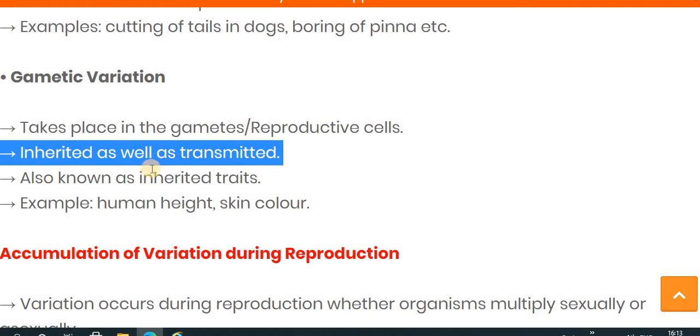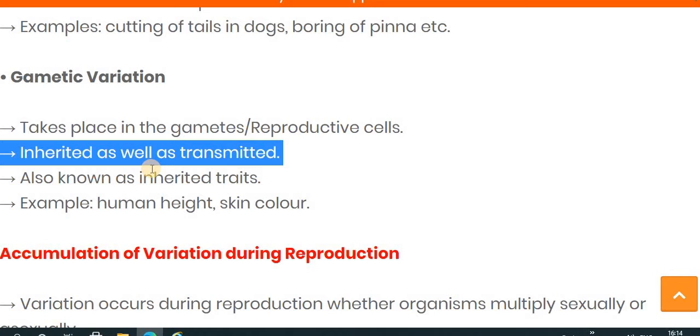It is inherited as well as transmitted, meaning whatever characters the parents possess also transfer to their offspring through the gametes. And whatever change occurs in the gametes also transfers to their offspring.